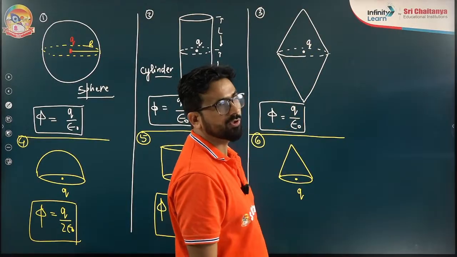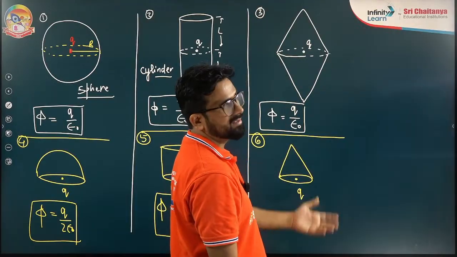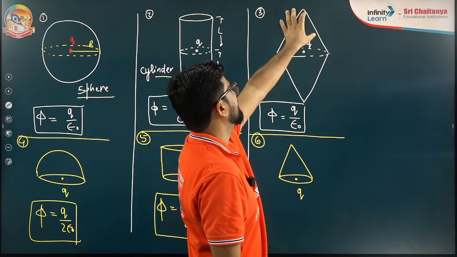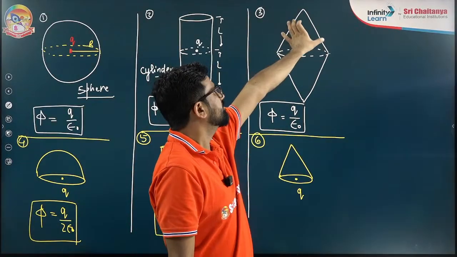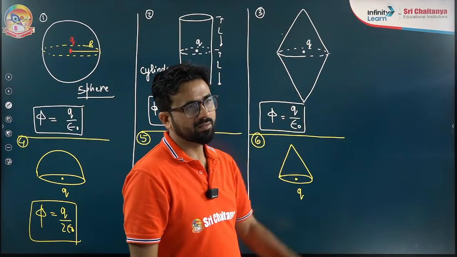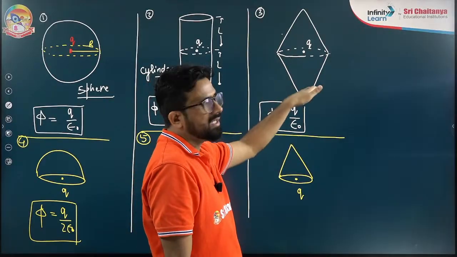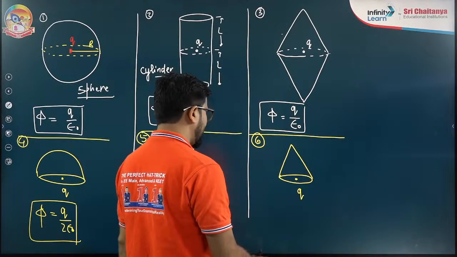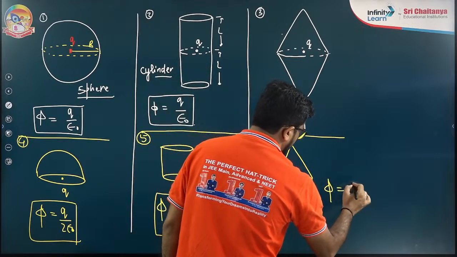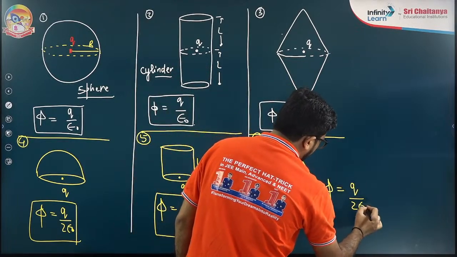Again the same question: what is the flux associated with the above cone? Both cones are identical, so half the flux would be associated with one cone. So the flux here is also q by 2 epsilon.